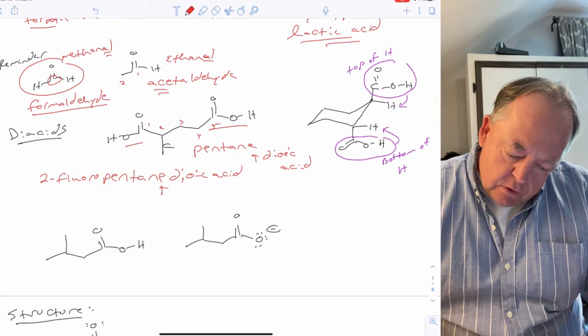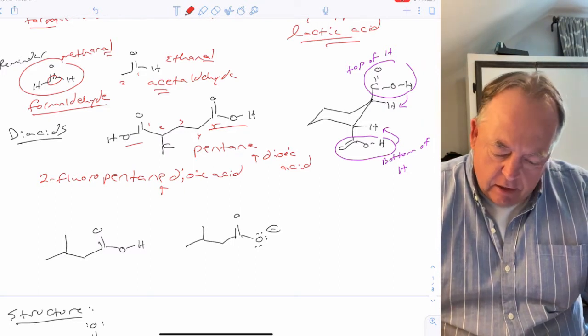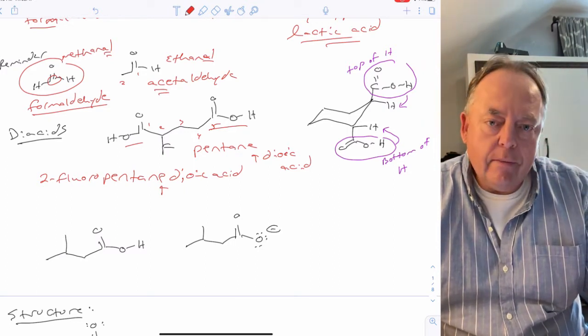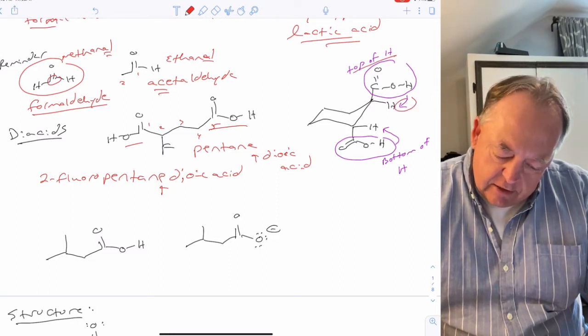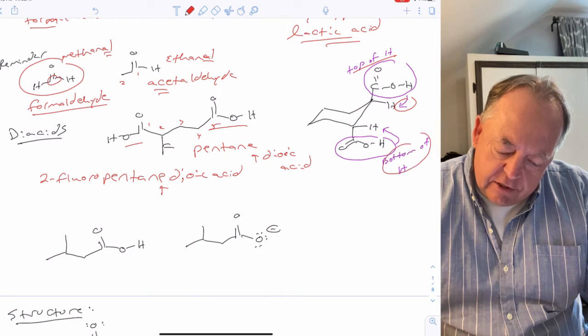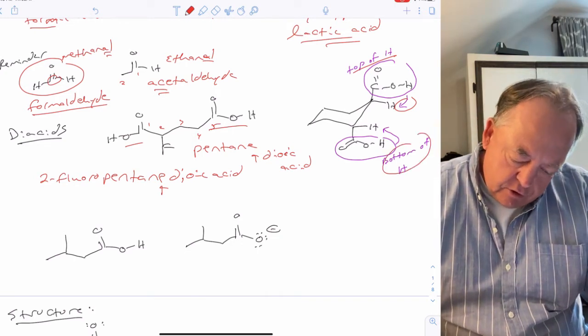Okay, so the next one would be a cyclohexane. So disubstituted, so then you have to worry about is it cis or trans. Well, this carboxylic acid's on top of hydrogen. This carboxylic acid's on bottom of hydrogen, so they're trans to each other. So this would be trans.